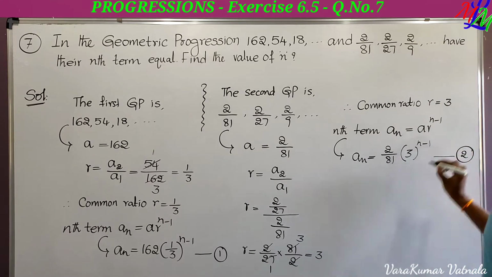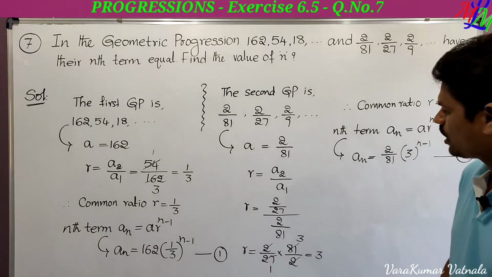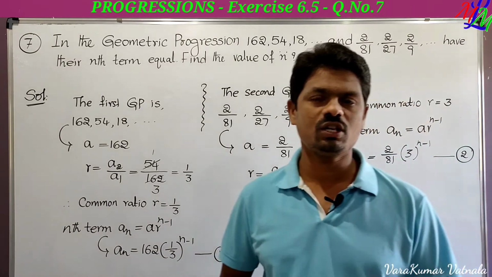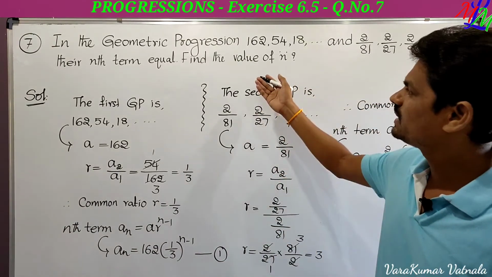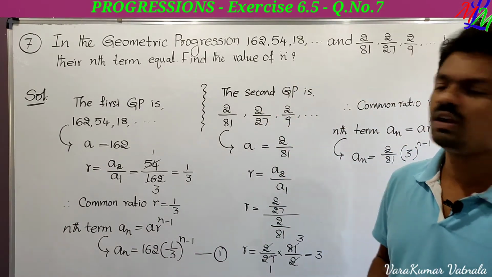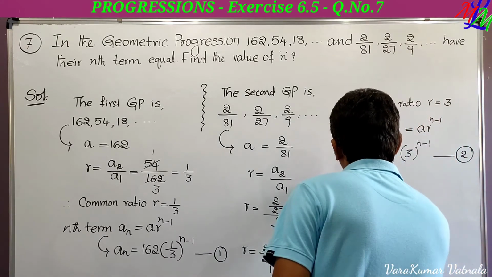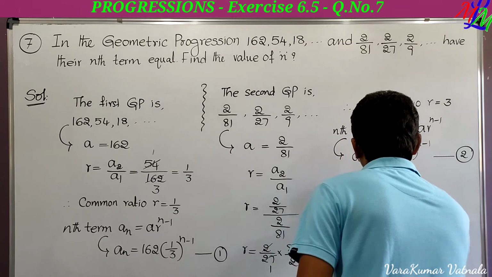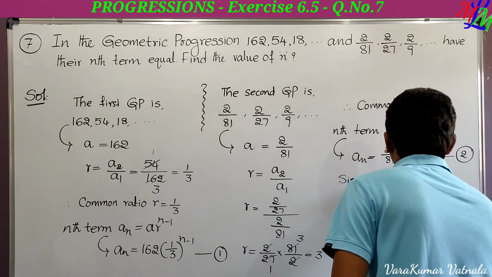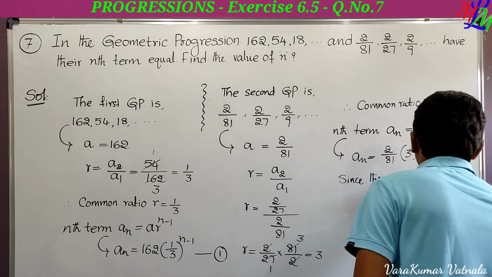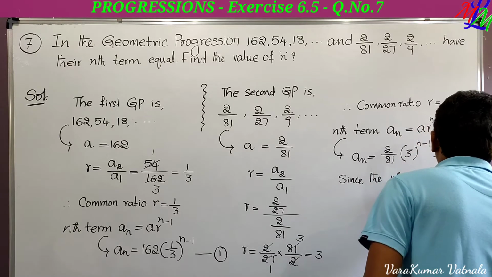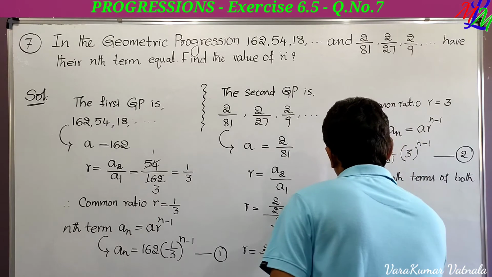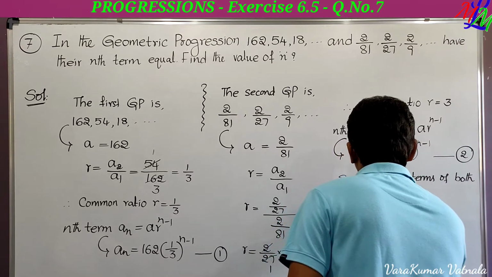Let this be equation number 2. Now we have the nth terms of both the geometric progressions. He is saying that their nth terms are equal, since the nth terms of both the GPs are equal.